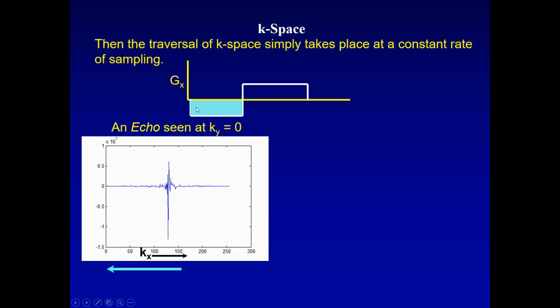So this gradient does two things. In k-space terms, it's a negative, so it moves us in a negative direction. If this is the center of k-space, it moves us to negative k-space. Negative k max, actually, is where we want to go.